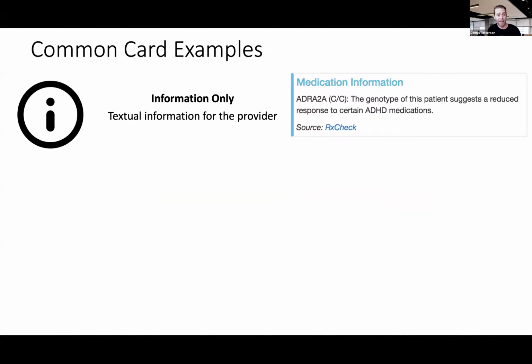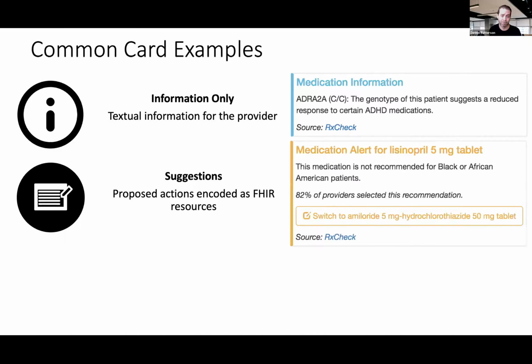Some common card examples. So information only, in this case, you have a medication that was being placed, but there's some conflict with the genotype of the patient. You could have suggestions. Now, I mentioned before, this could be rendered as a button. This is actually the CDS service returning a FHIR representation of what the user is being suggested to change to.